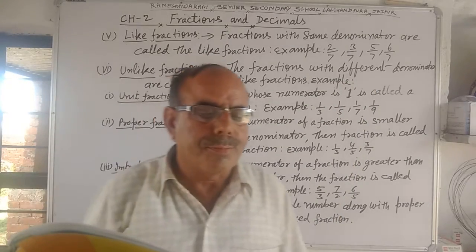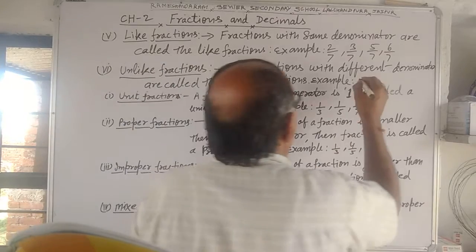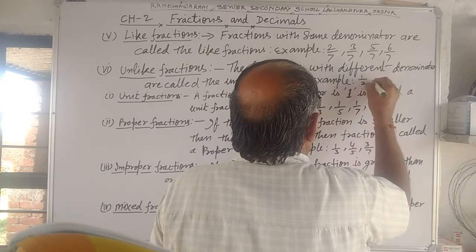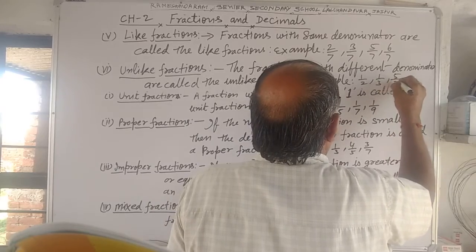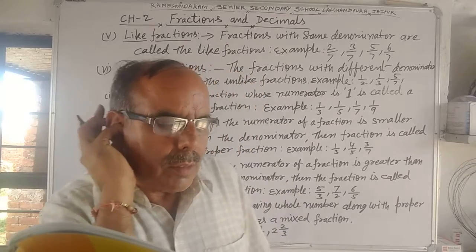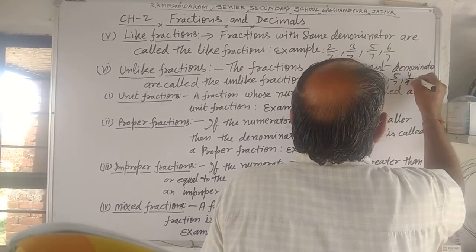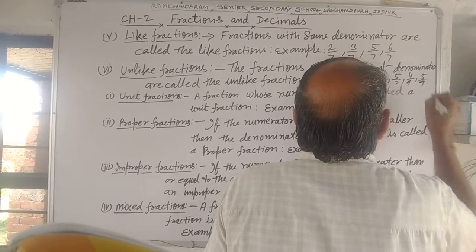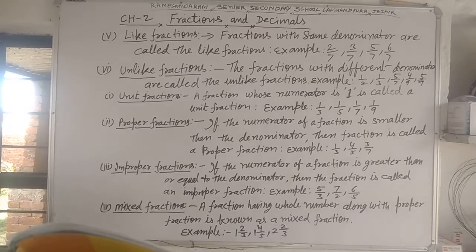Examples are 1 by 2, 5 by 7, 1 by 3, and 4 by 9, 5 by 9. These are all unlike fractions.